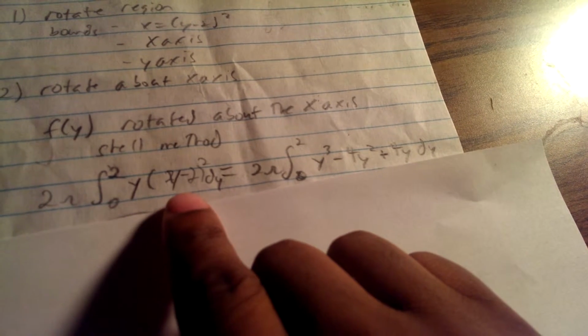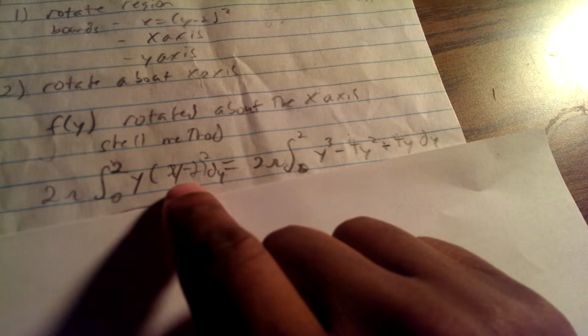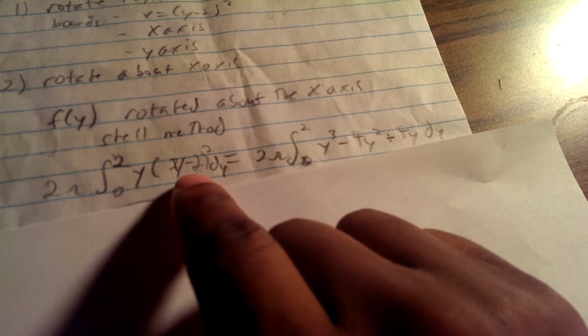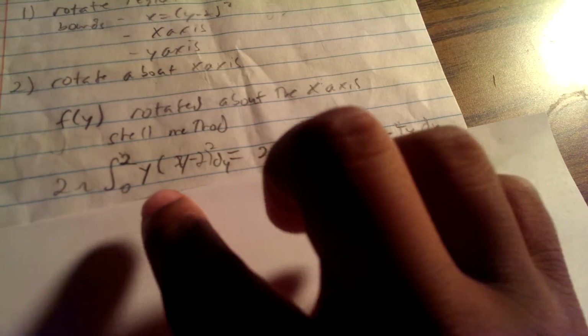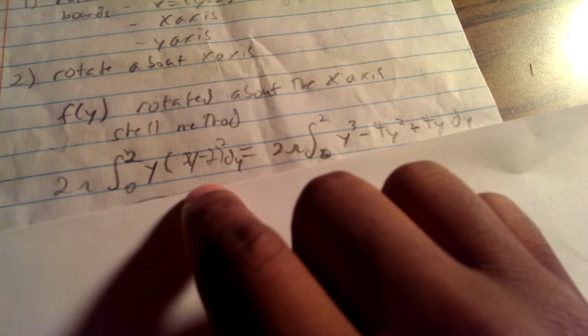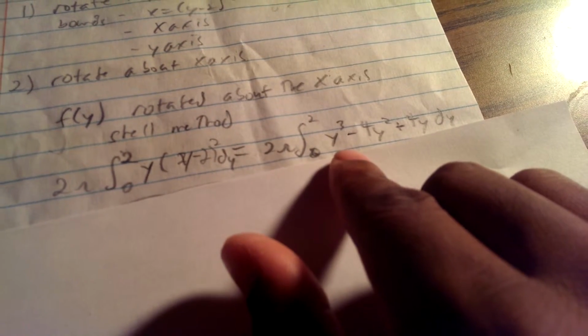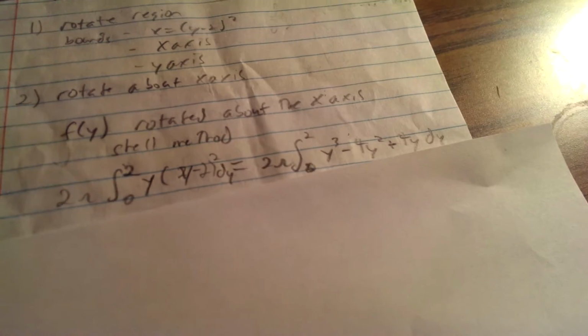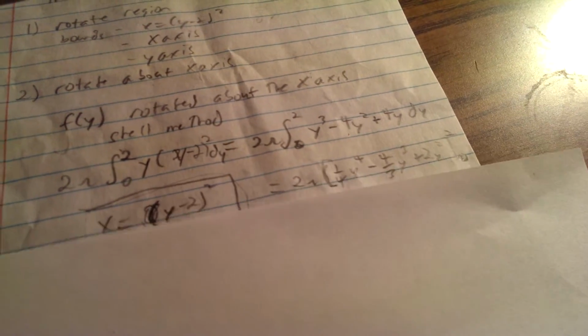This came from factoring x equals (y minus 2) squared. You separated that out and then foiled, and then you multiplied the extra y in. So you have y cubed minus 4y squared plus 4y dy. Then you evaluate this.